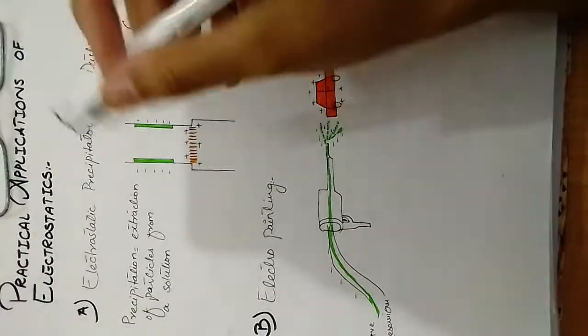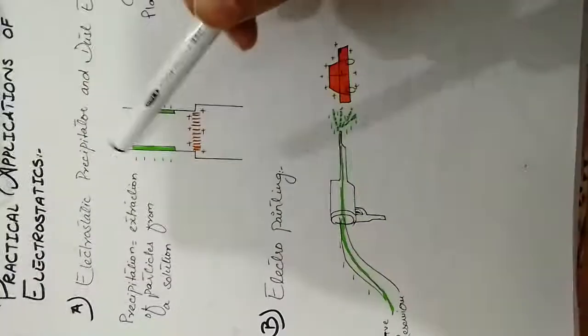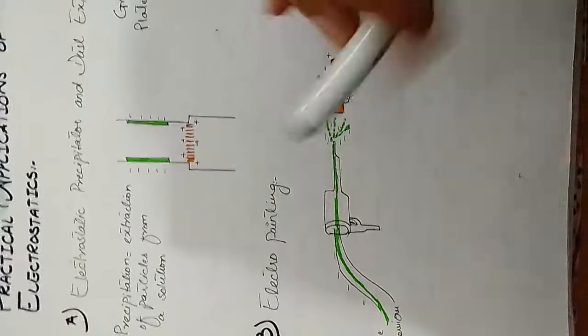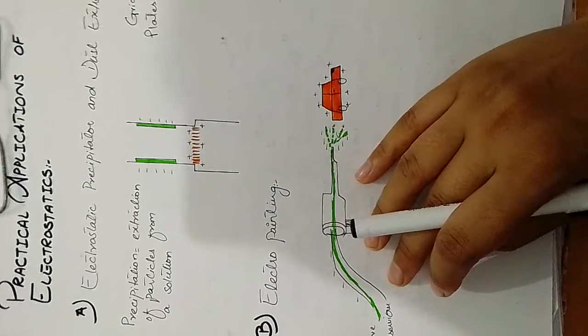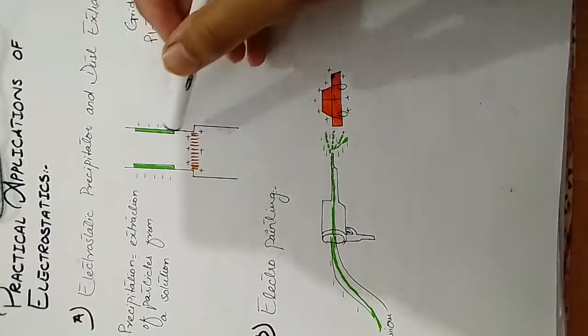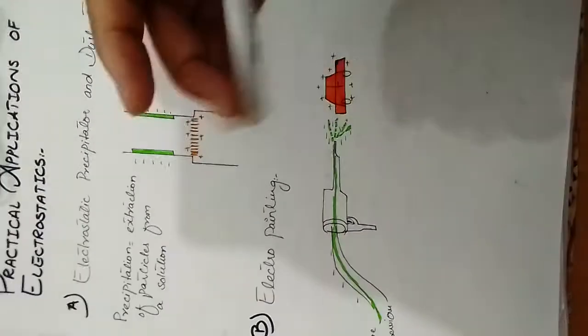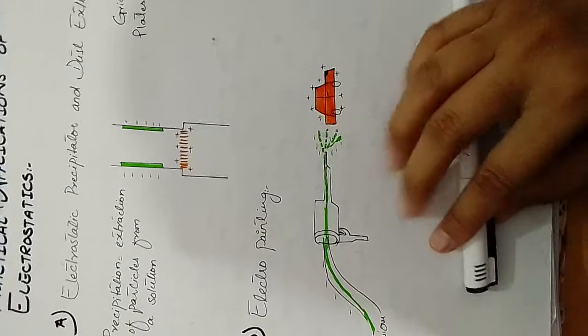What is precipitation? You must have studied in chemistry that the extraction of particles from a solution is called precipitation, and a precipitator is the device used to extract the particles from a solution.